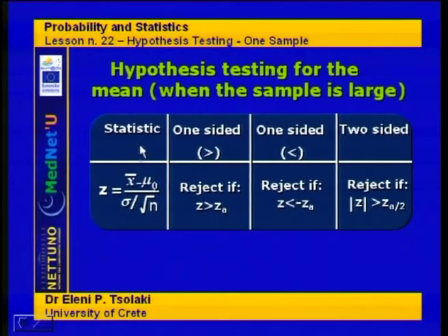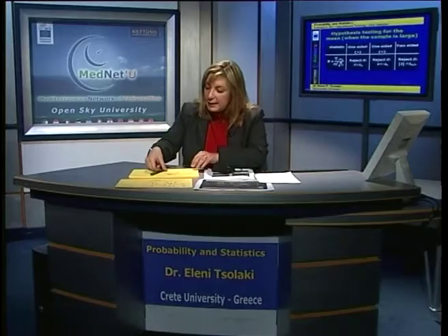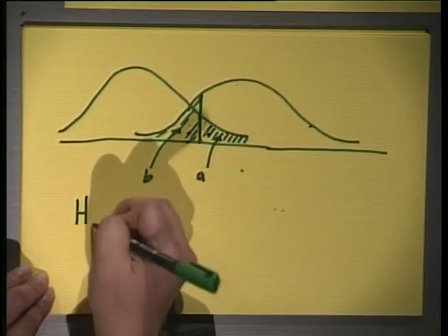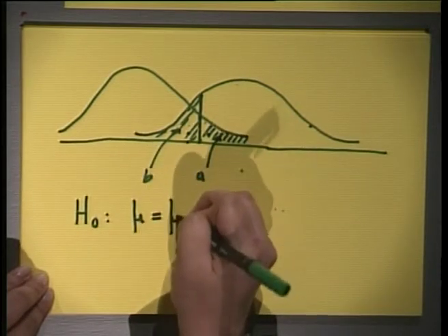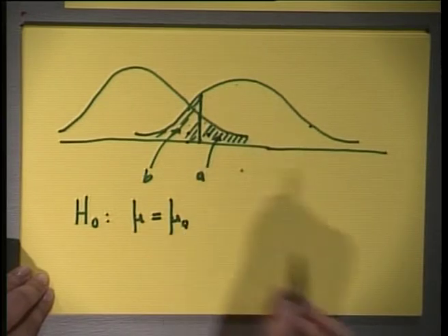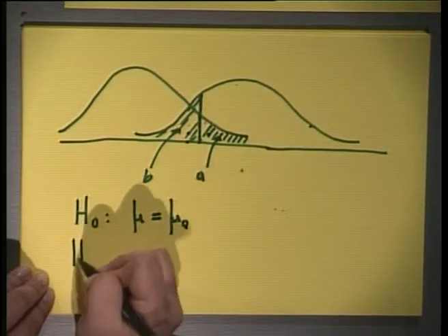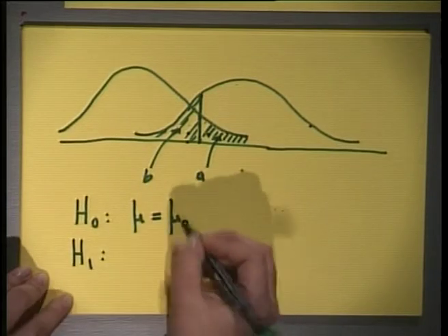So the statistic to be calculated is given here: the sample mean minus the value that we want to test that our mean is. The null hypothesis will be that the mean of the population is equal to some number, and now it depends what our alternative is.